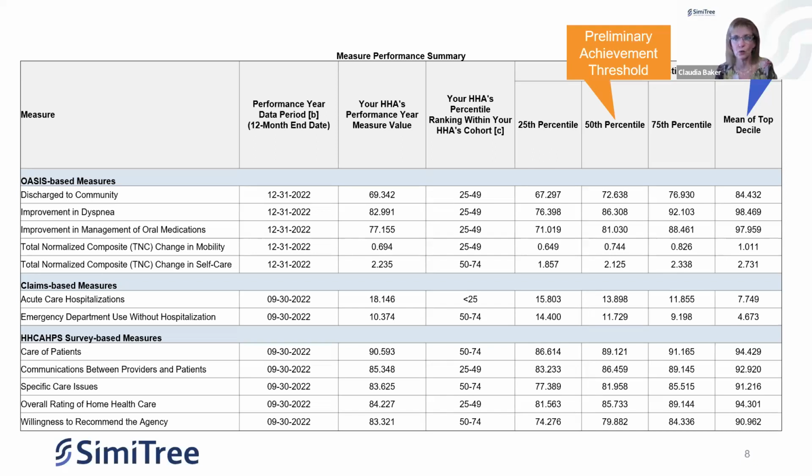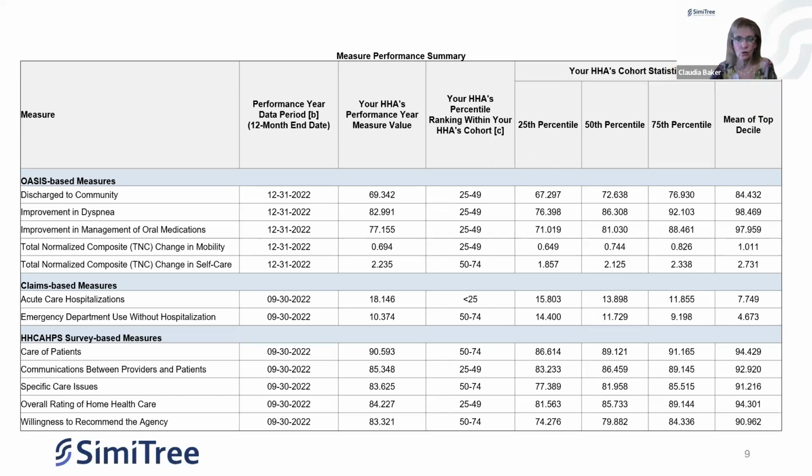And that is also the point where you will be trying to get to with your outcomes and show improvement to the point of getting to those levels, right? So that's what those columns mean for you.